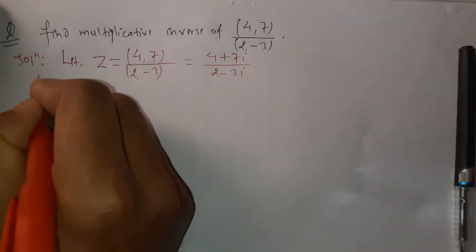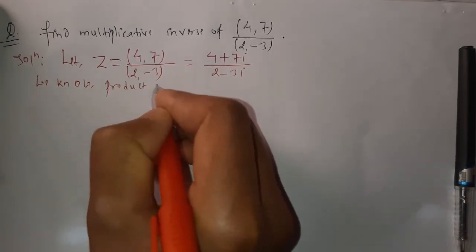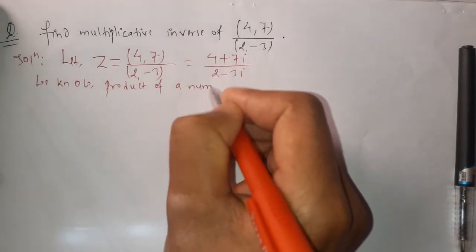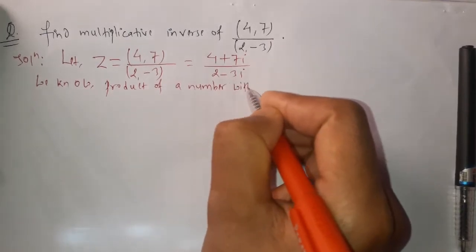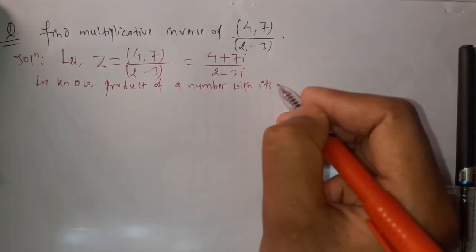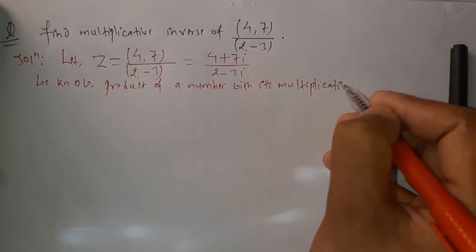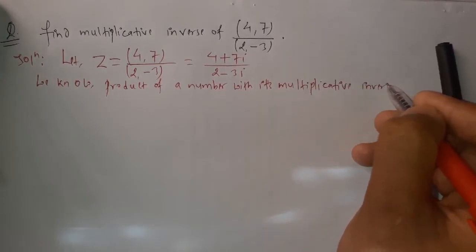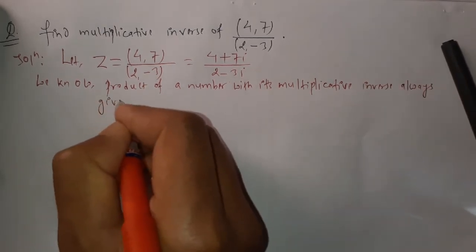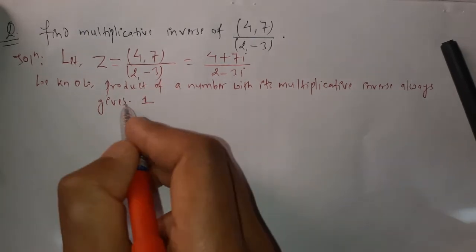And we already know that the product of a number with its multiplicative inverse always gives the value 1.